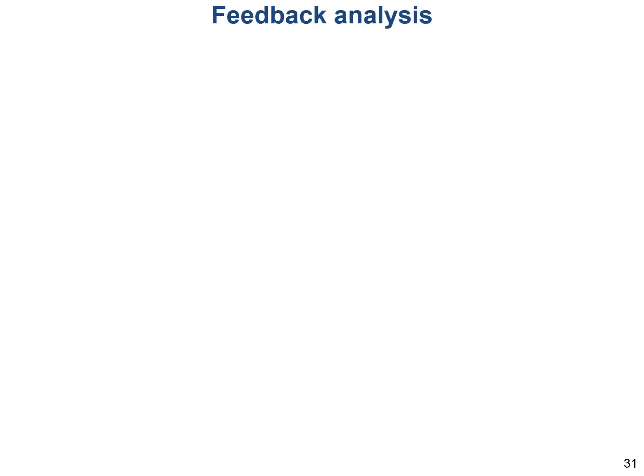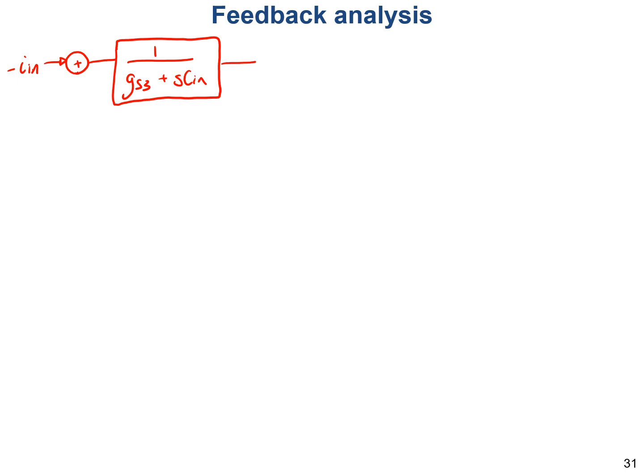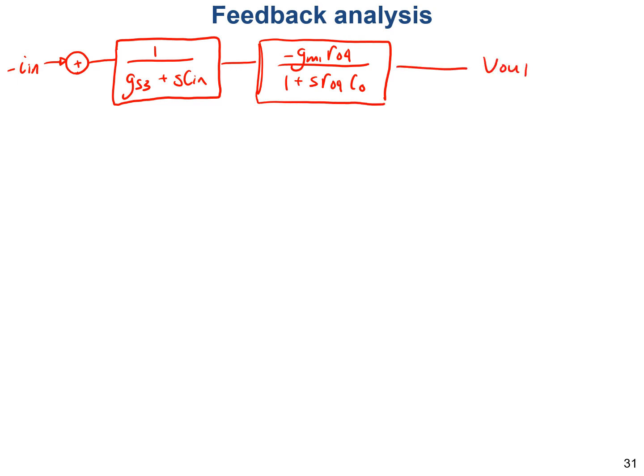So now let's go ahead and derive the feedback diagram for that circuit. We have minus I in. It's going to go into some current summing node here. And then the driving point impedance, just like in that other example, is 1 over GS3 plus S C in. GS, as you'll recall, is GM plus GMB for that transistor. Our forward gain path is minus GM1 RO4 divided by 1 plus S RO4 times CO. And this creates our output voltage.